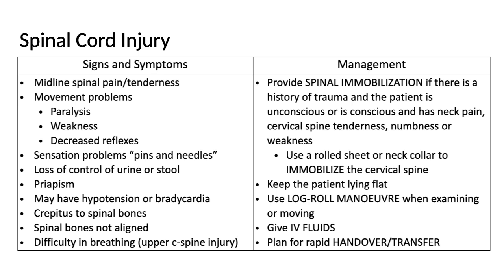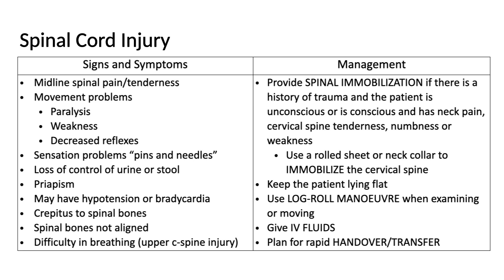On examination, you can see crepitus of the spine bone, spinal bone not aligned, and some patients have difficulty in breathing, especially in upper cervical spine injury. For those patients, whenever the patient is unconscious, or he is conscious but has neck pain, cervical spine tenderness, numbness or weakness, or anyone with neck injury or head injury, you need to immobilize the spine and keep the patient flat.